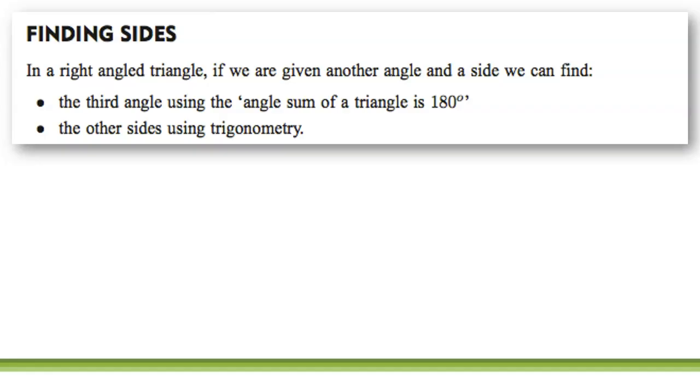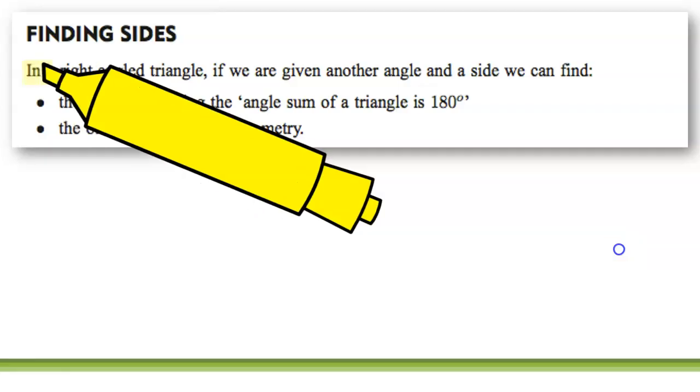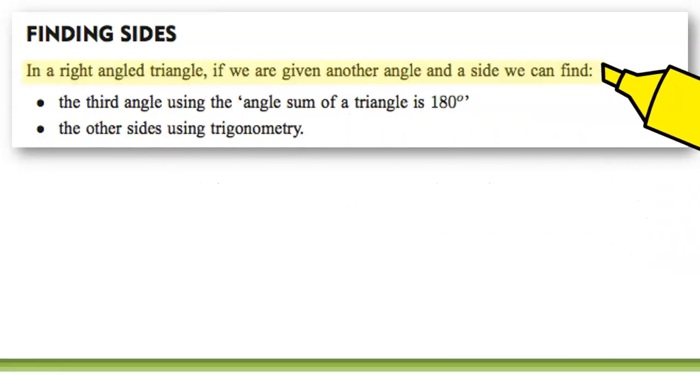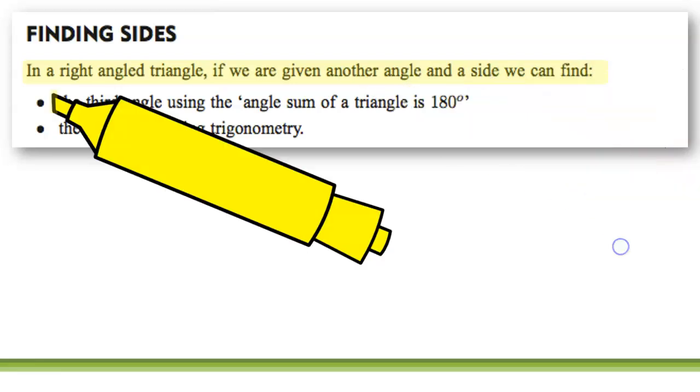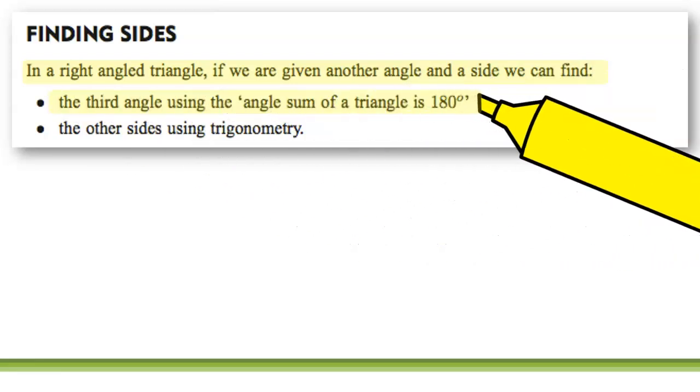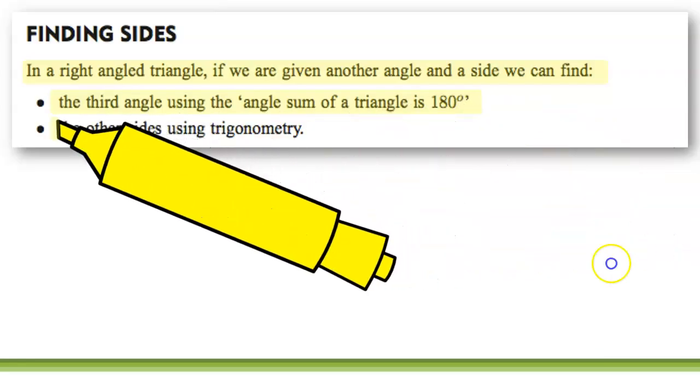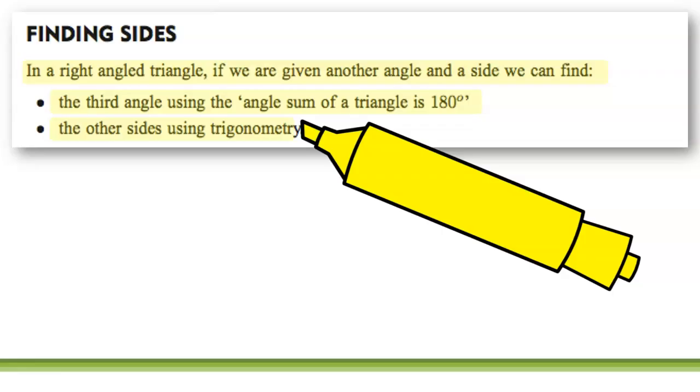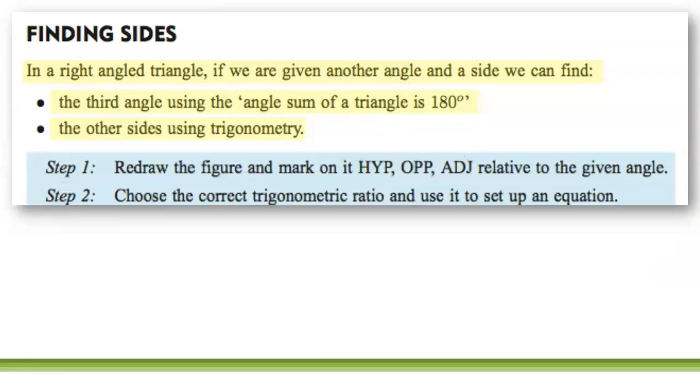If you're in a right angle triangle and you are given another angle, then you can find out the third angle by using the angle sum principle that all the angles add up to 180 degrees. Or if you want another side that's missing, you are going to have to resort to trigonometry. And that's what we're going to do right now.